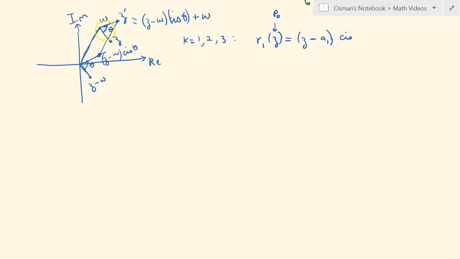Remember this rotation was counterclockwise, so it will be CIS minus 120 degrees. Then we add back a sub 1.